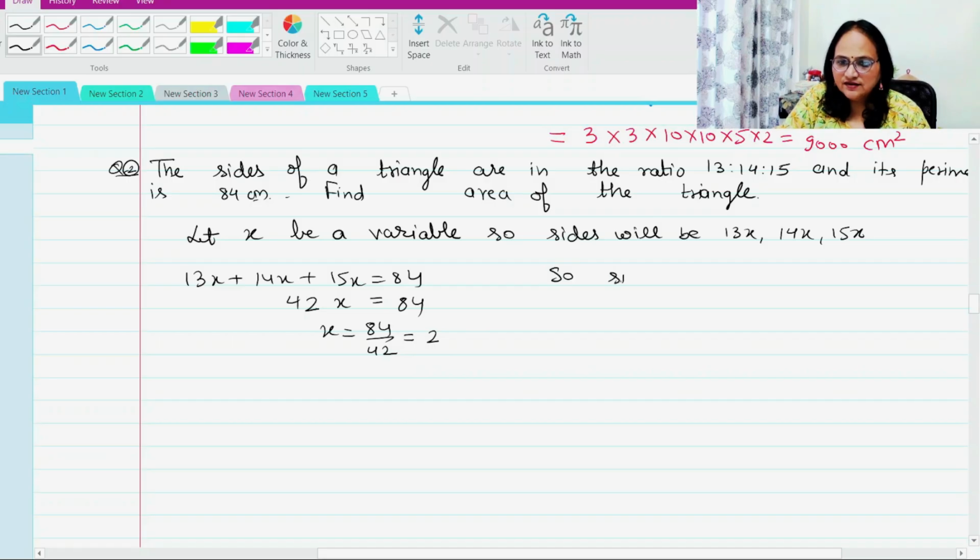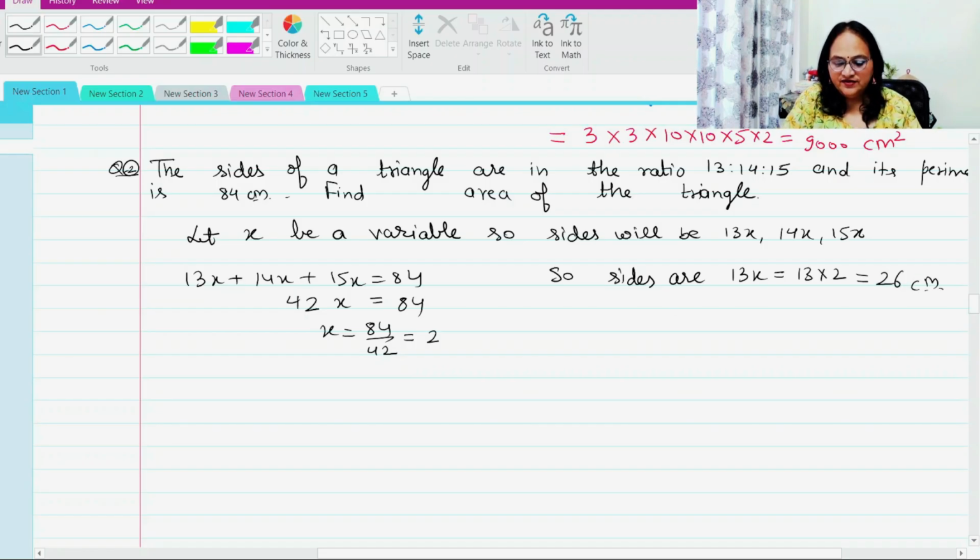So now you find out the sides. 13x means 13 into 2. So the first side will be 26 centimeter.